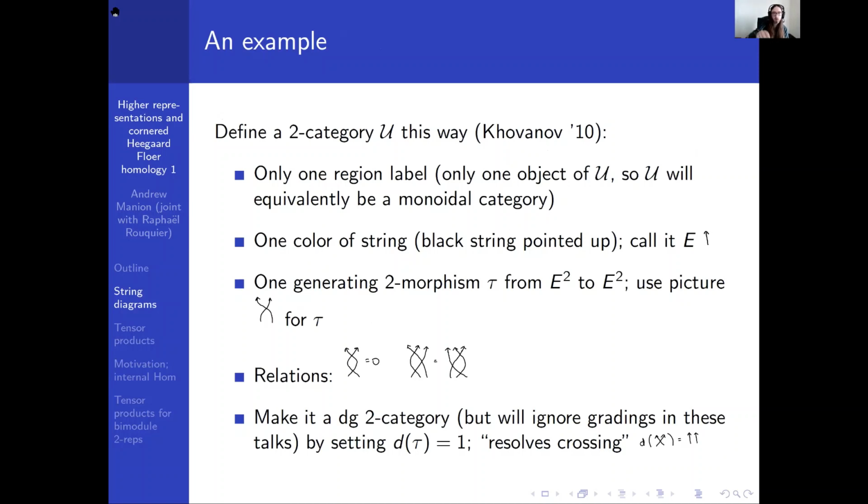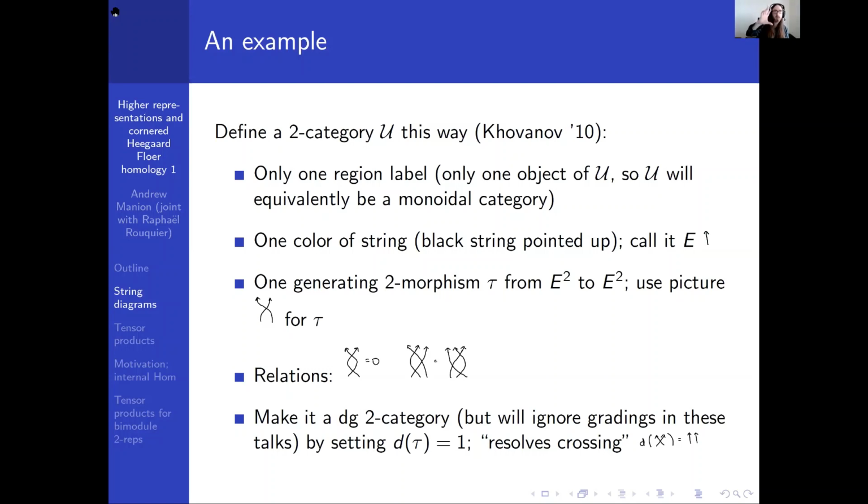So what would it mean to have a two representation of the two category on this page into Cat? It would mean I have some DG category for the region, the unique region. I have some DG endofunctor of that category, call it E, and that corresponds to the black strand pointing up. And then I would have some natural transformation from E squared, the functor E squared, to itself.